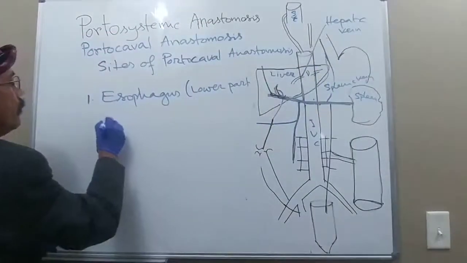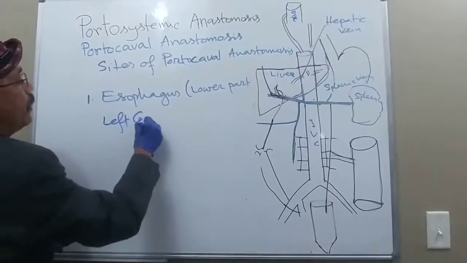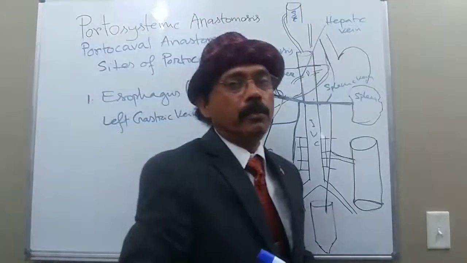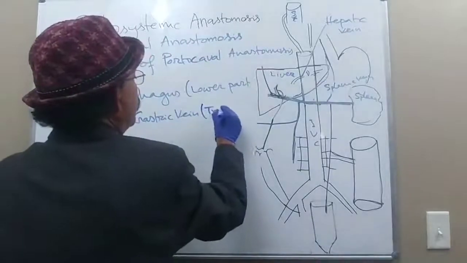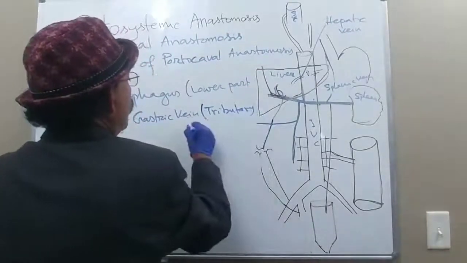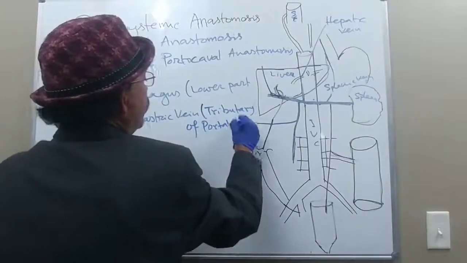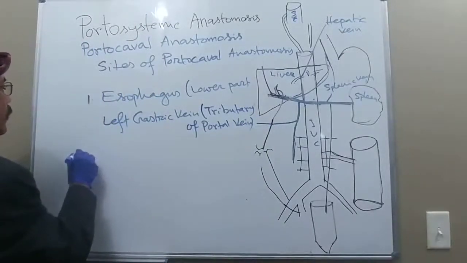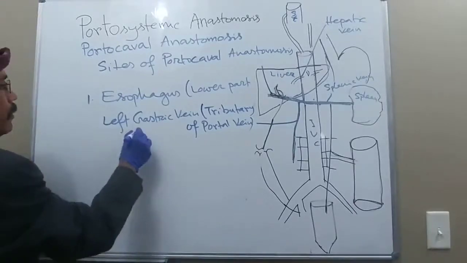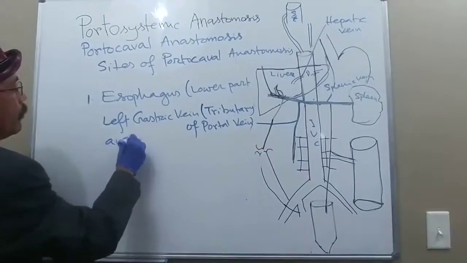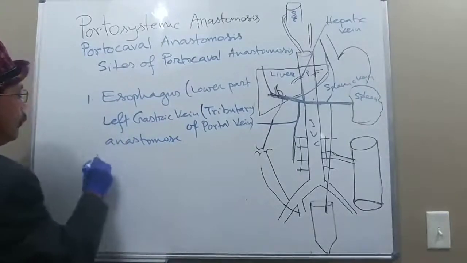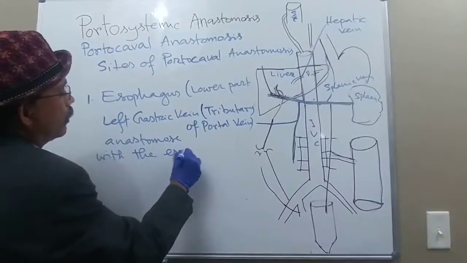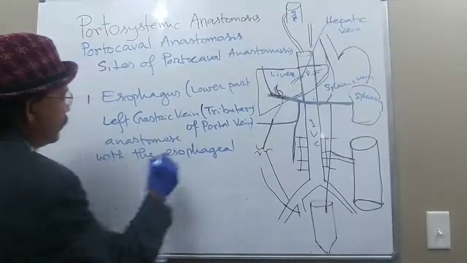So this is the anastomosis between the left gastric vein, which is a tributary of the portal vein, and the esophageal veins.